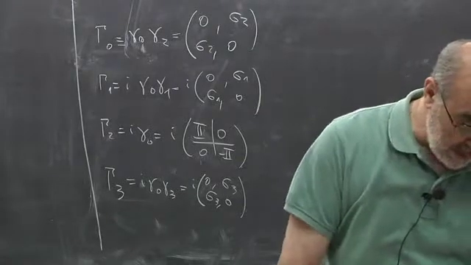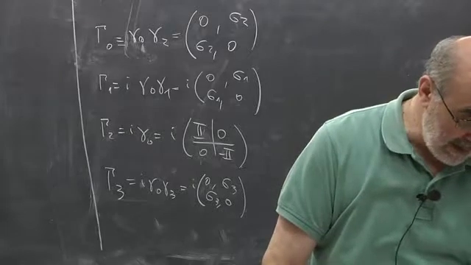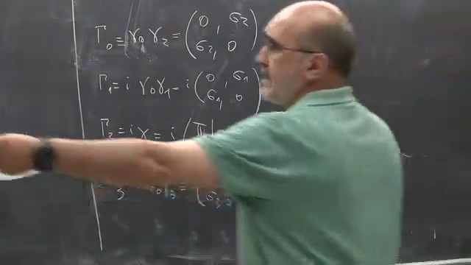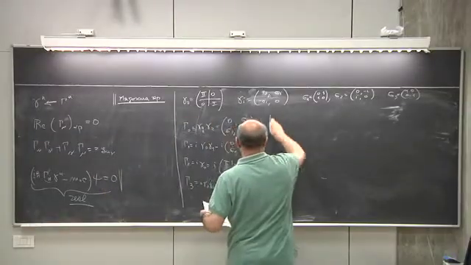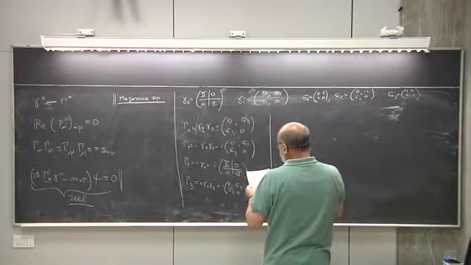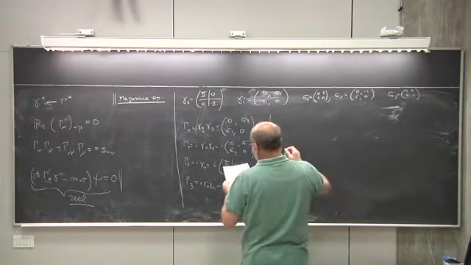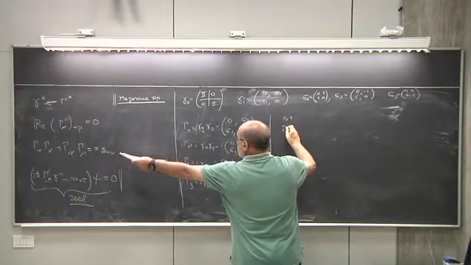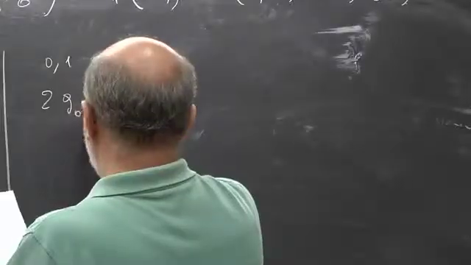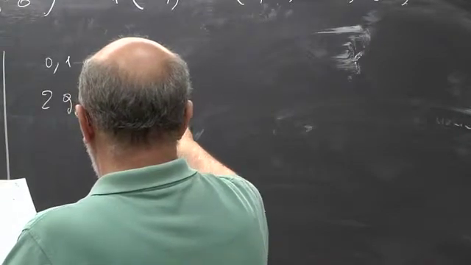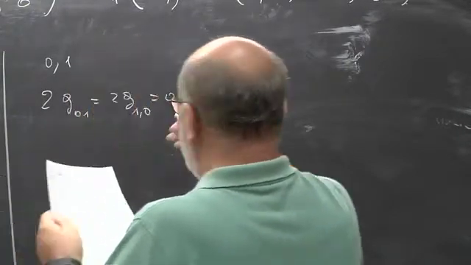It's also easy to see that they anticommute among themselves. Let's just do one example. Let's take, for example, 0 and 1, and check this for 0 and 1. That means the anticommutator of G0 and G1 equals 2 g^{01}, and this equals 0.